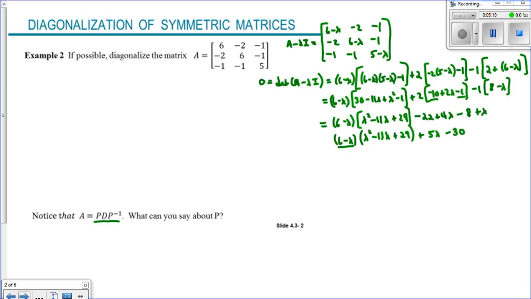So I'm going to rewrite this one more time. I'll take out a minus 5, which will leave me with 6 minus lambda. Now I can take a 6 minus lambda out of the two resulting terms here. So I'm going to have this minus this left, and I'll combine those.